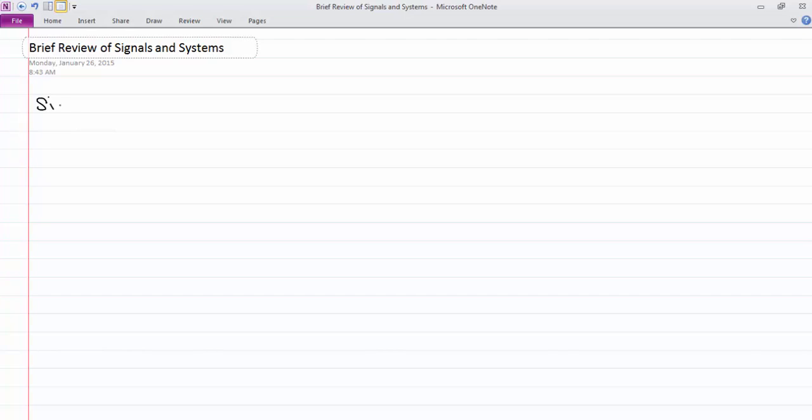So a signal, mathematically, we understood the meaning of a signal in terms of just our understanding, but mathematically it is a function of one or more independent variables.